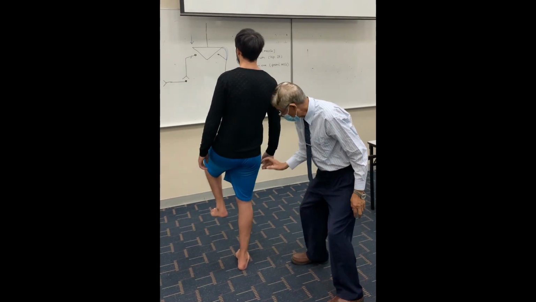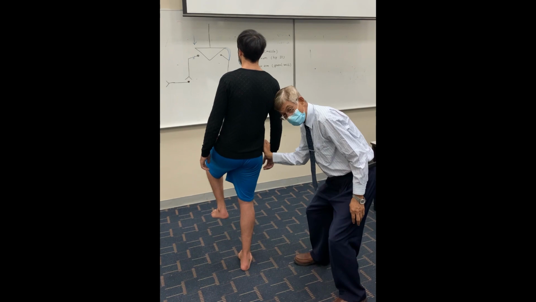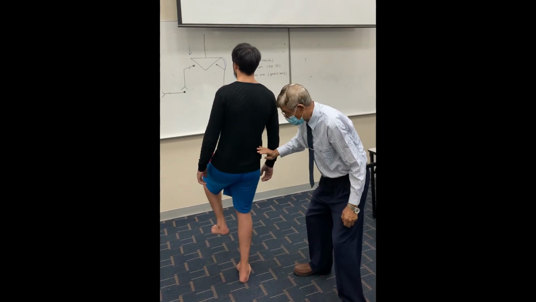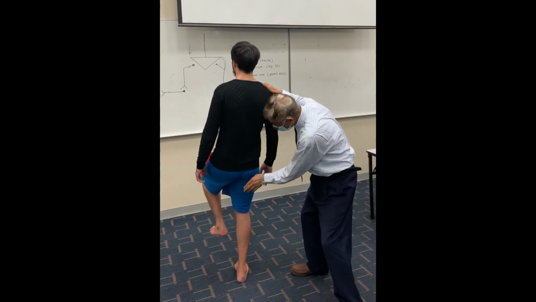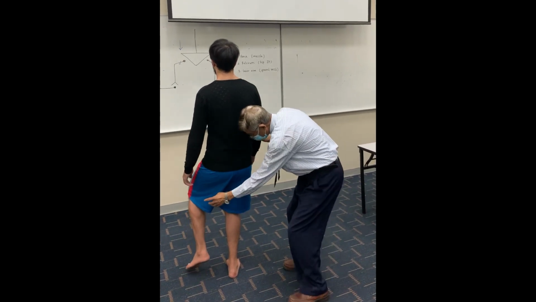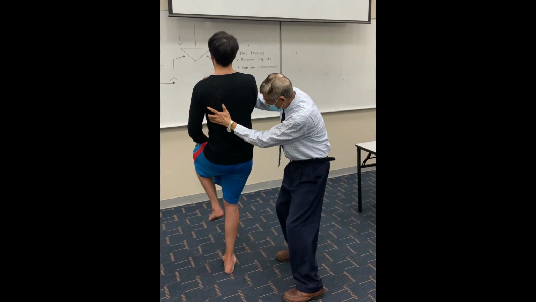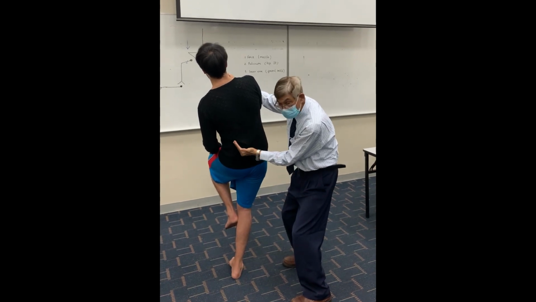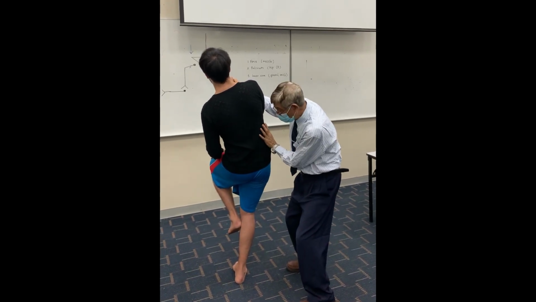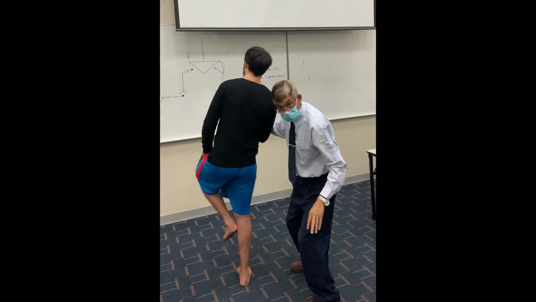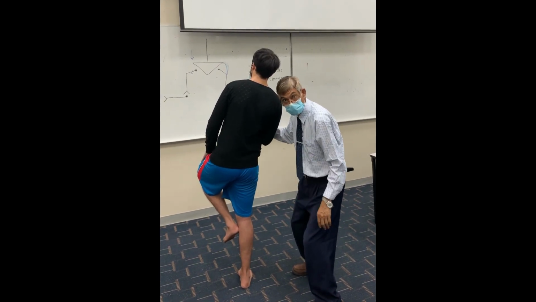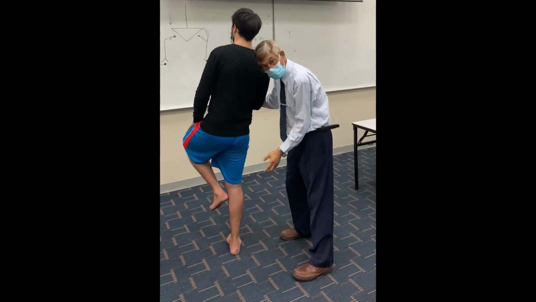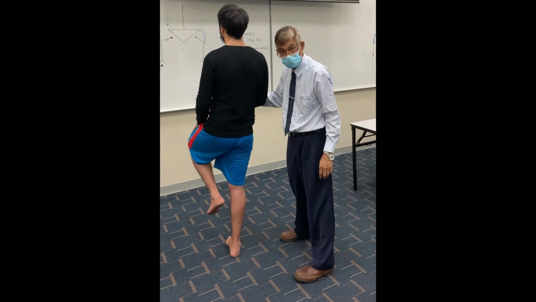The abductor mechanism from the disease side tries to control the pelvis, but fails. So the pelvis goes down. But the body doesn't want the pelvis going down, so he will trick. He sways the body to the normal side again, so he lifts the pelvis.